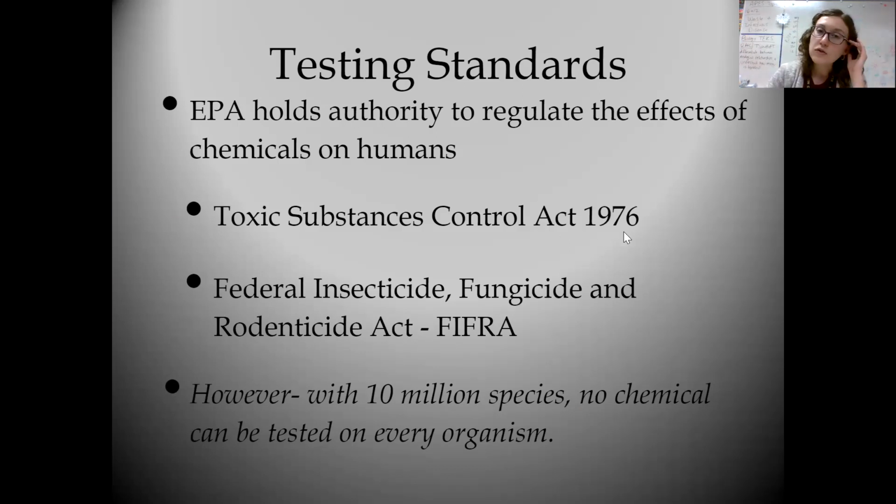The Toxic Substances Control Act of 1976 and the Federal Insecticide, Fungicide, and Rodenticide Act are both going to be looking at these different chemicals and making sure that we're monitoring them, identifying that LD50 for them, and making sure that whenever we're producing any product that has these chemicals, that we're ensuring that they are well below that LD50 threshold. Obviously, we care about humans, so we want to make sure that as few as possible are being negatively affected. So it is relieving to hear that we have these two different acts that are going to be in charge of protecting individuals and ensuring their safety.